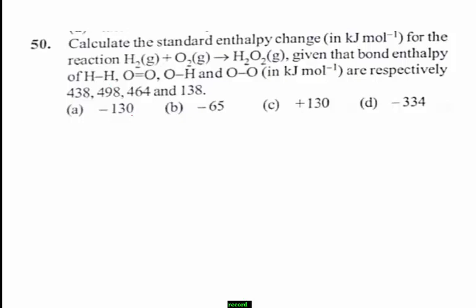Students, I write once again the reaction: H2 plus O2, both in gaseous form, give H2O2. When the gaseous reactants are combined, gaseous products are formed. Therefore, delta H of reaction is equal to the bond enthalpy of reactants minus the bond enthalpy of products.